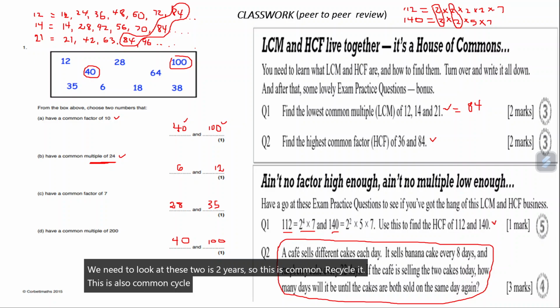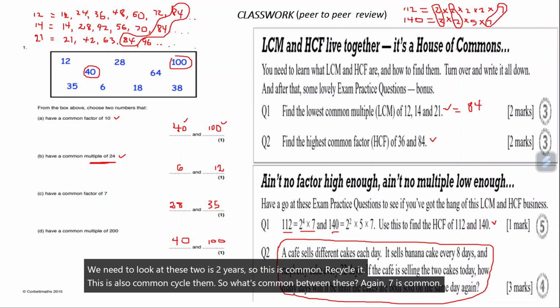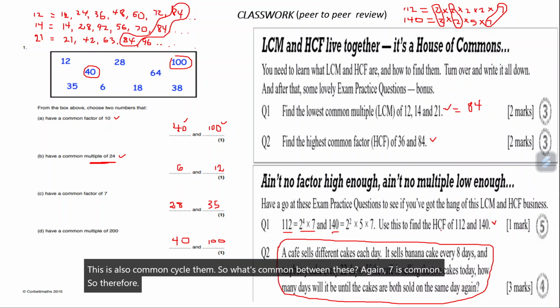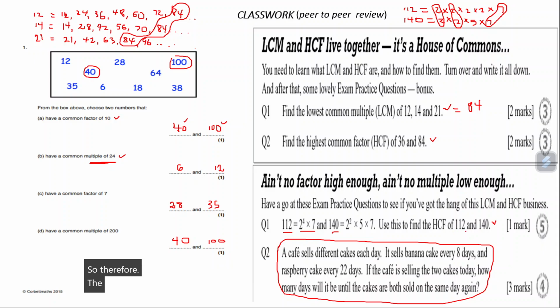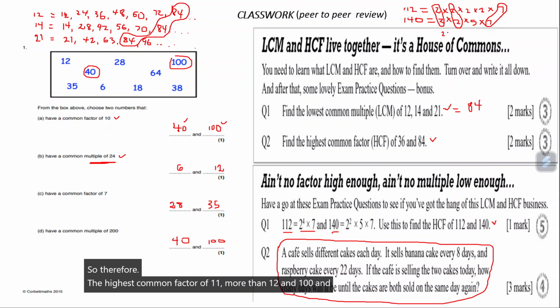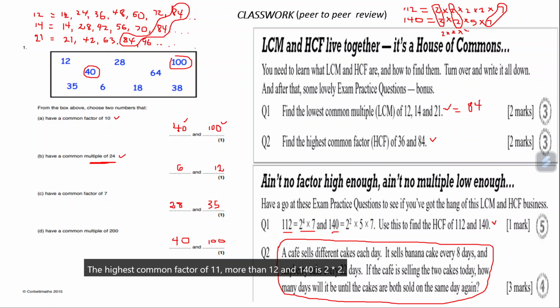So what's common between these again? 7 is common. So therefore, the highest common factor of 112 and 140 is 2 times 2 times 7. So 2 times 2 is 4, times 7 will give us 28. The final answer is 28.